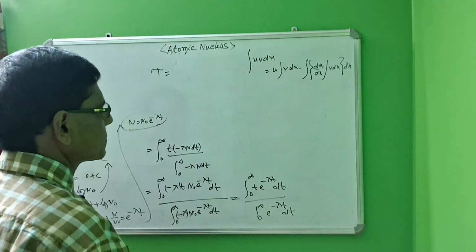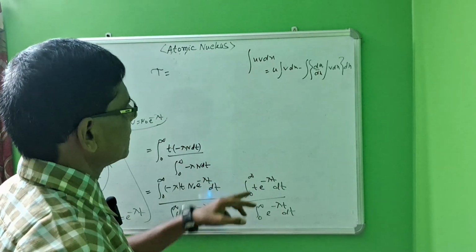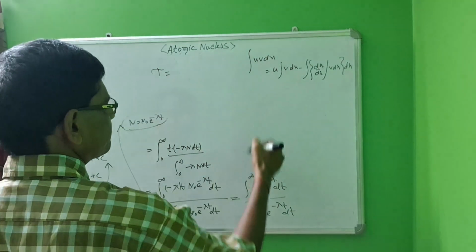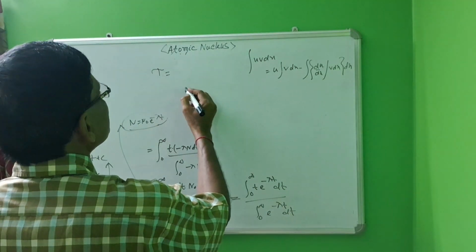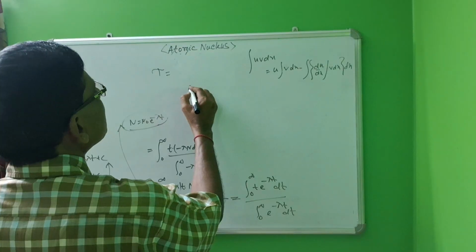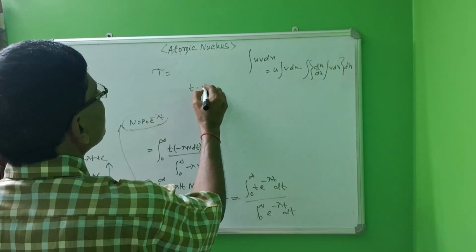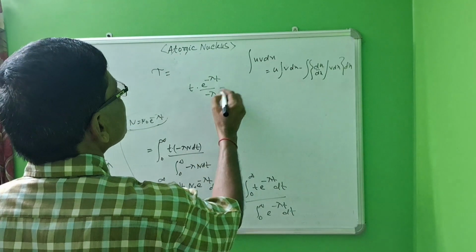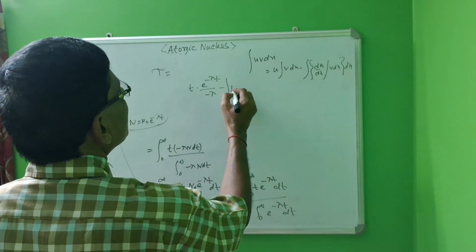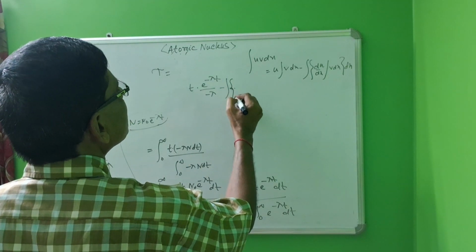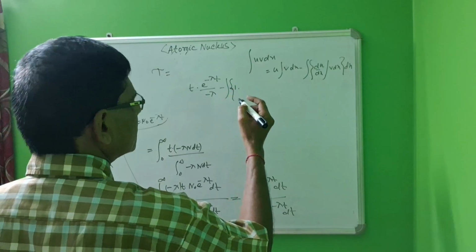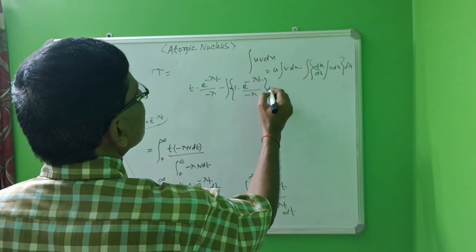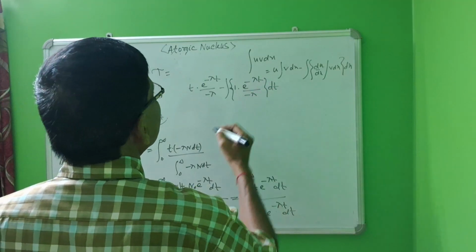Applying this, taking t as the first function and e to the power minus lambda t as the second function, we get tau equals t times e to the power minus lambda t upon minus lambda, minus integral of 1 into e to the power minus lambda t upon minus lambda dt.